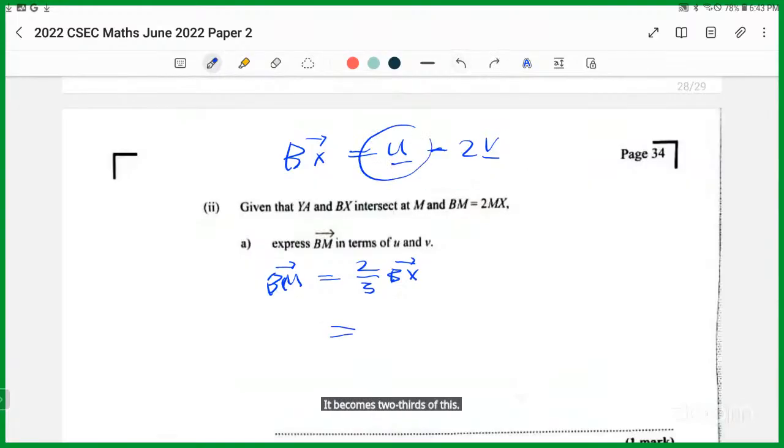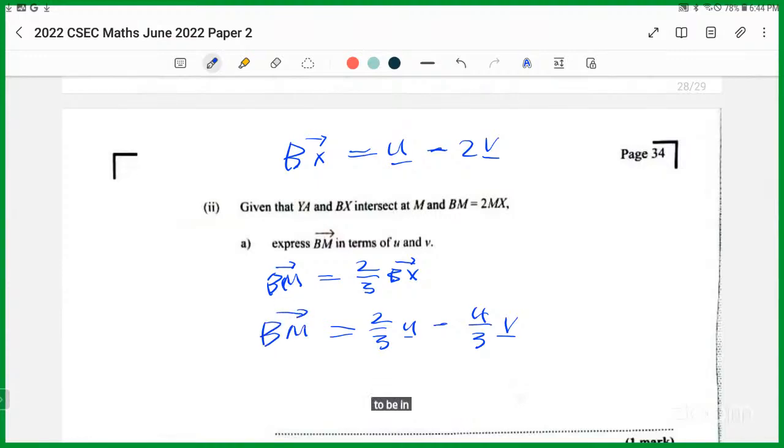So it's 2/3 of this part, which is 2/3 of u, and then 2/3 of this. You multiply this by 2/3, it becomes 4/3, so it becomes minus 4/3 v. That's BM right now: 2/3 u minus 4/3 v. 4/3 is 1 1/3 v.